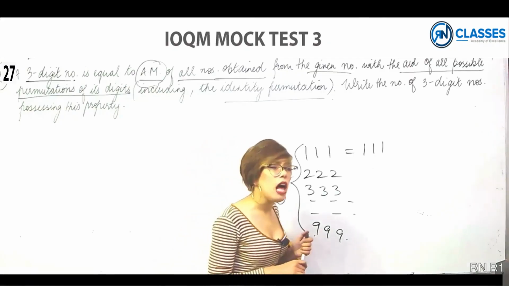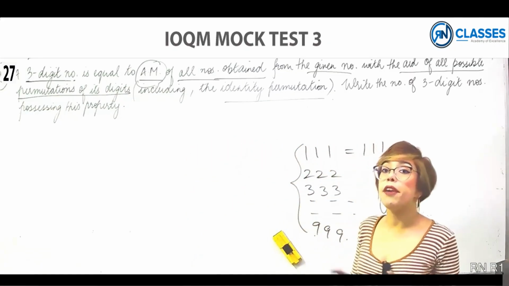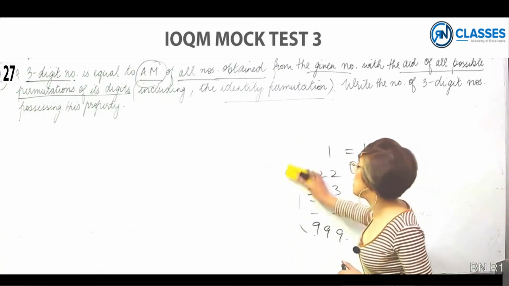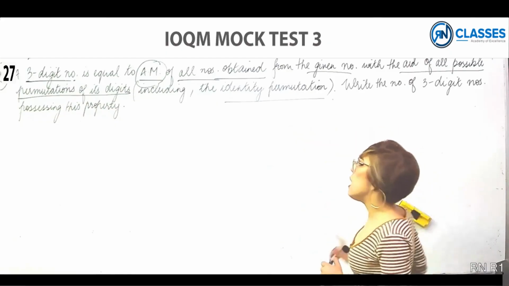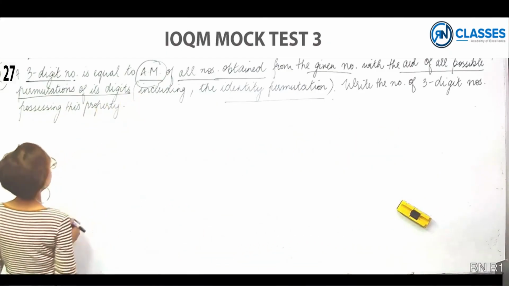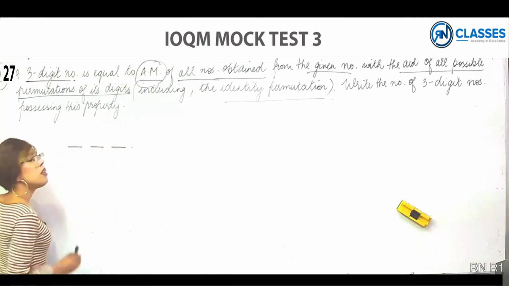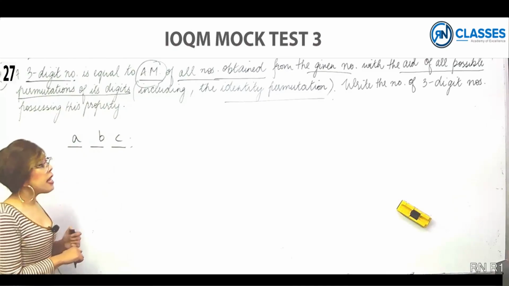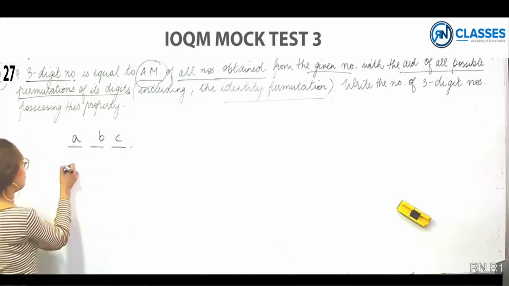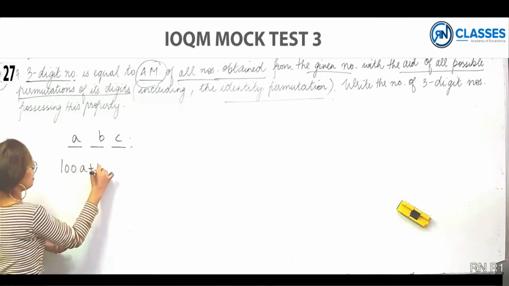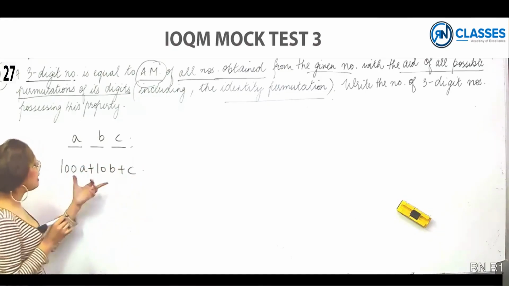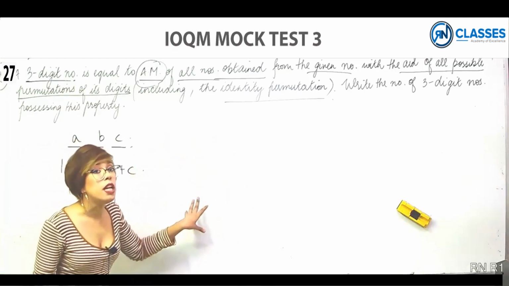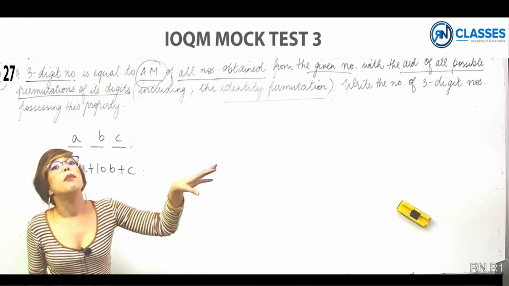But the question is, are these the only 3-digit numbers or are there more? There might be, so that is why we need to be a little bit careful. Now, I am talking about a 3-digit number, so let my digits be A, B and C. If I write this in the expanded form, I will have 100A plus 10B plus C. Now, this number should be equal to the arithmetic mean of all the numbers obtained with the aid of all the permutations possible.